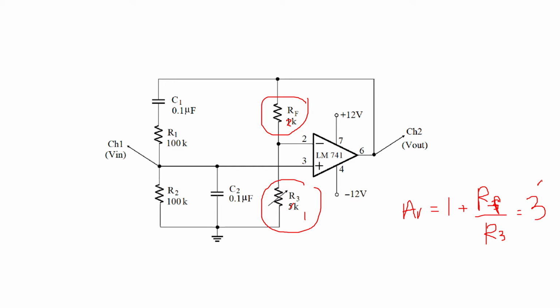So that should be fine, as long as you get the gain of 3. This is R1 and R2. Basically the R and C are in series here and parallel here. These are the two feedback networks, RC networks. They feed back to the input 2 as the negative feedback.